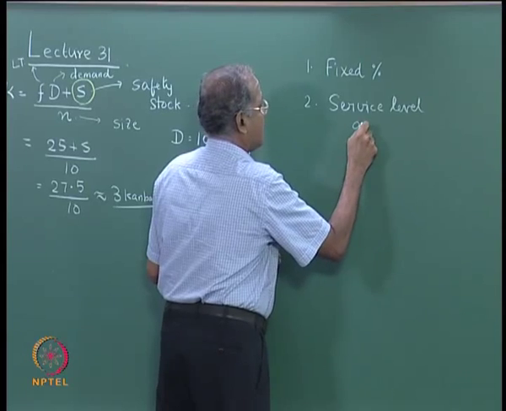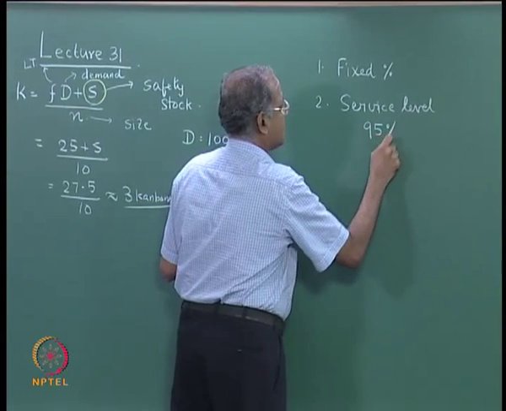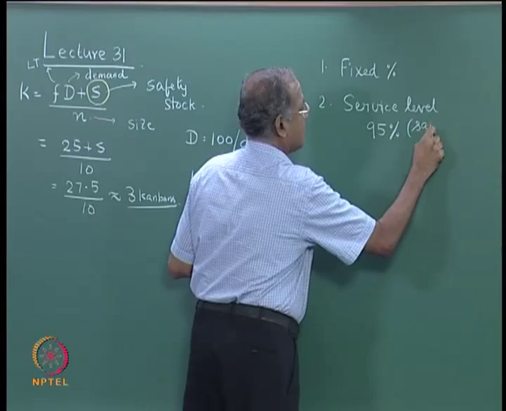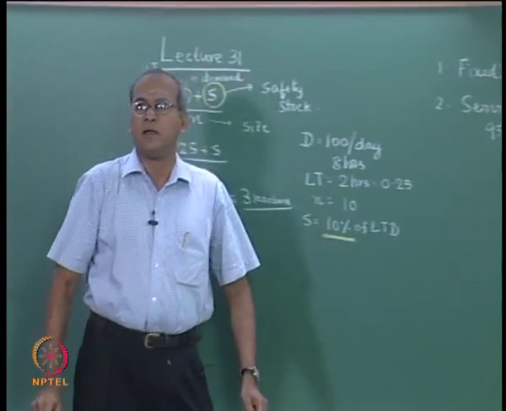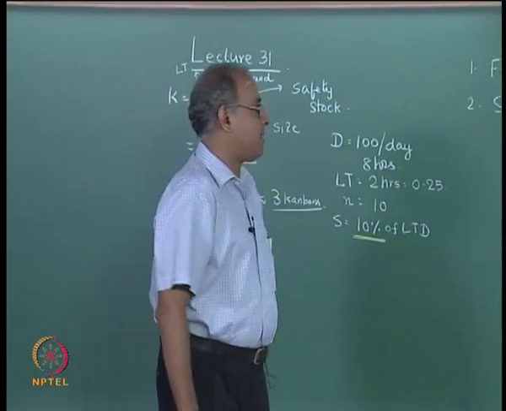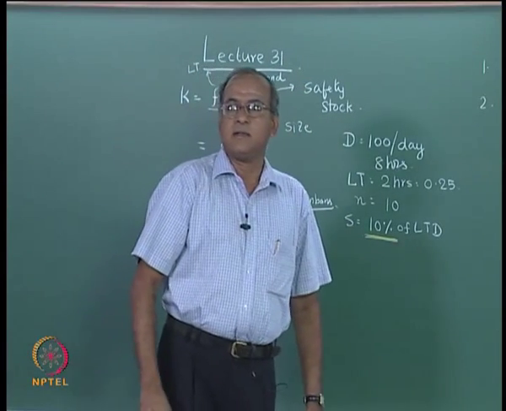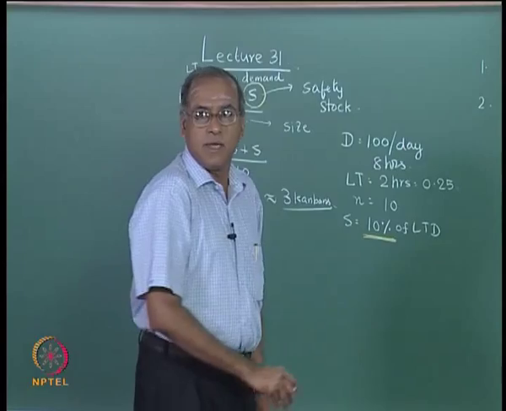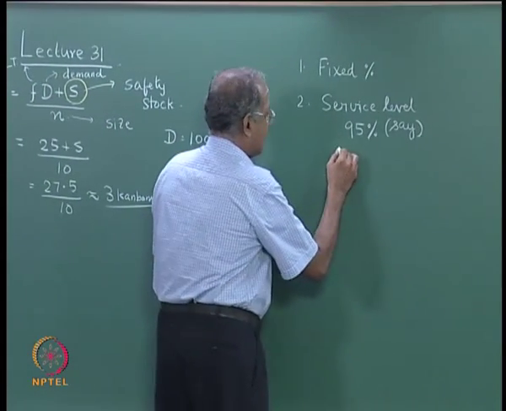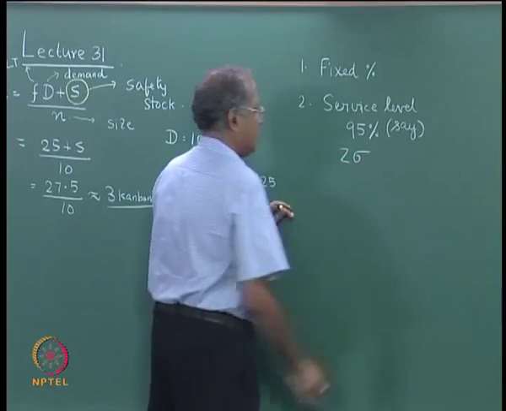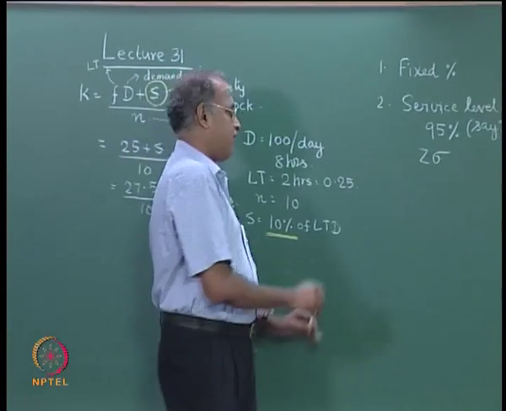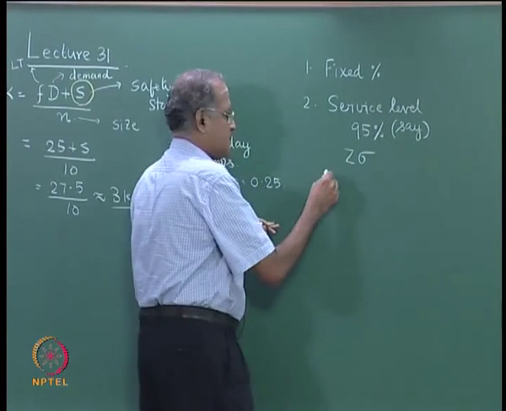Say we will have a 95% service level, and once we have 95% service level, then the safety stock will be taken as Z into sigma if we assume that the distribution is normal.